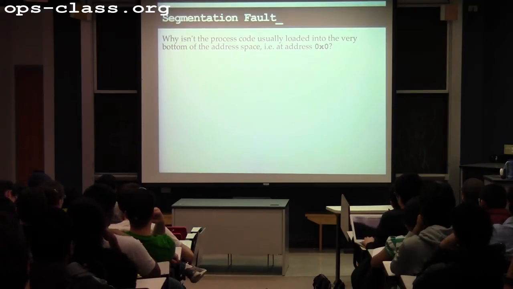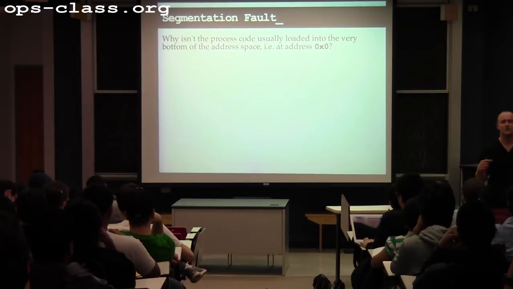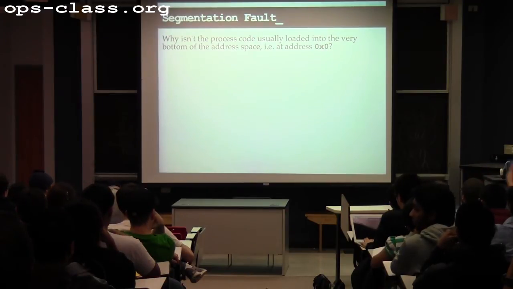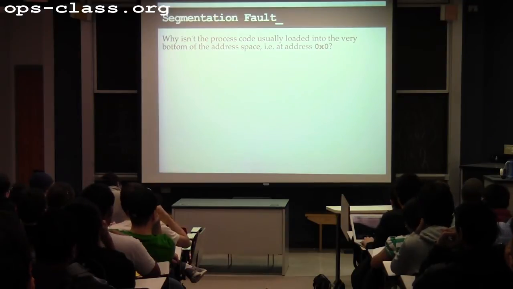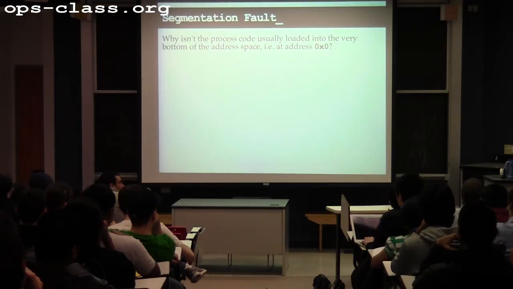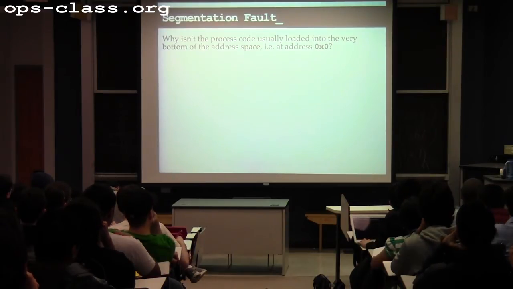All right, back to the segmentation fault. What generates the segmentation fault, and why don't I load code at the very beginning of the address space? Segmentation fault is generated when you try to access the memory of another process, or another allocation, the memory that's been allocated to another process. And you don't load everything at the bottom of the address space so that you have a buffer in case something tries to access it, and you don't end up messing up some of the process.